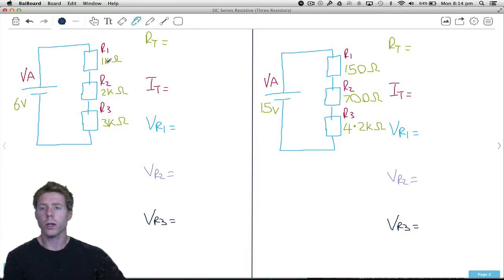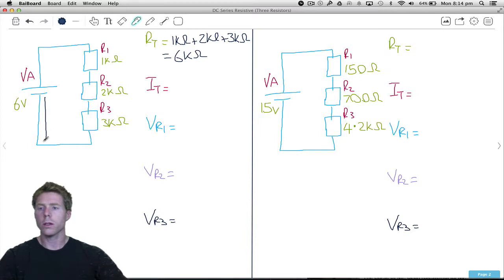So RT is 1K plus 2K plus 3K. Oop, writing kilohertz there, not kilo ohms. Equals 6K.